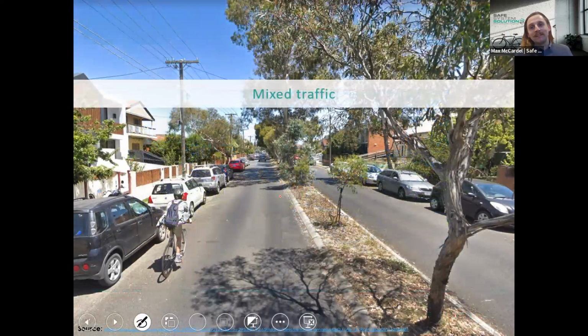All right, we'll get to the stage now of mixing cyclists with general traffic. In this environment, it isn't actually mixed traffic. It just kind of operates in that fashion because of the constrained location.